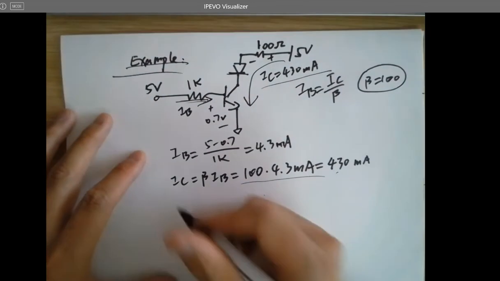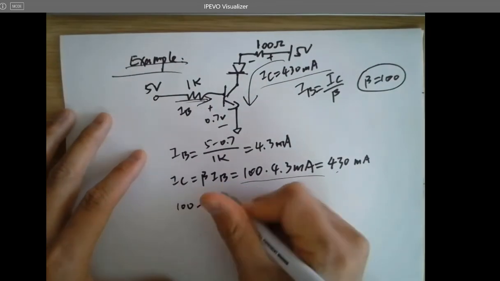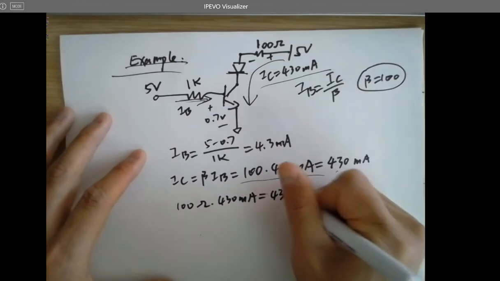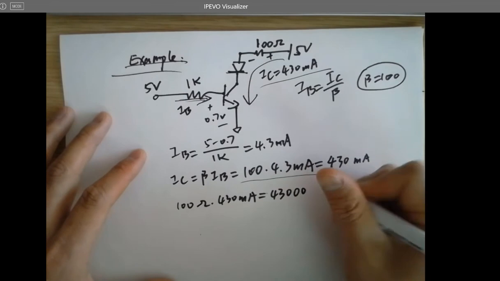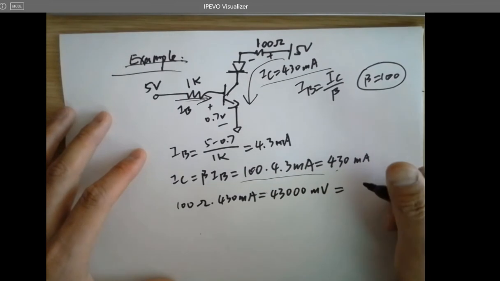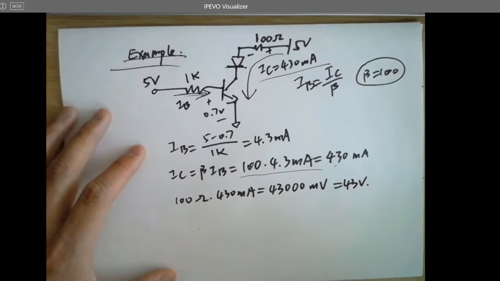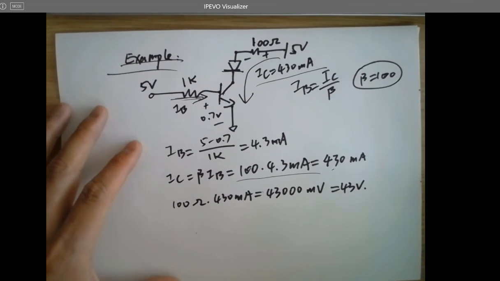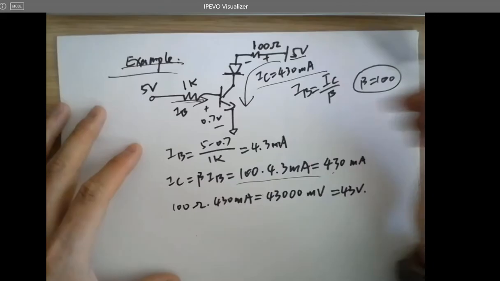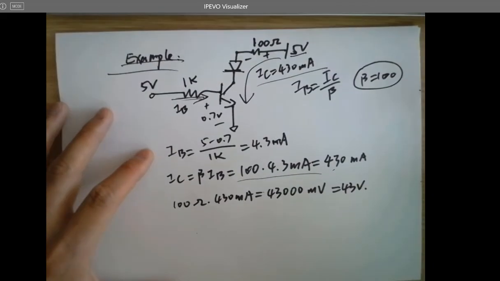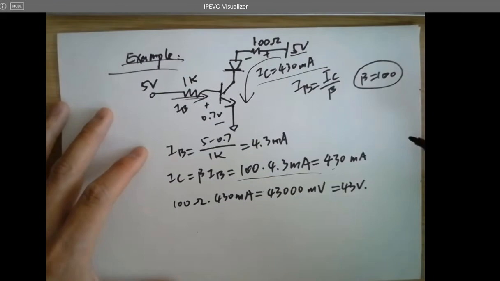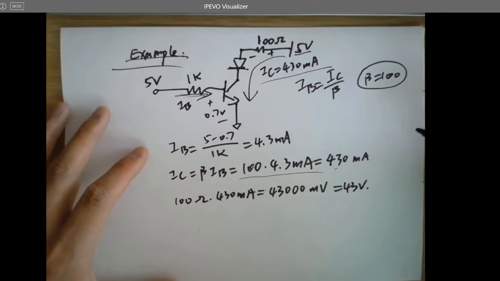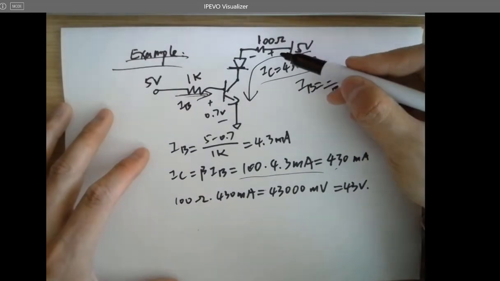What's the voltage drop? 43,000 millivolts, which is 43 volts. Is that possible? It's not possible. You only have 5 volts here. Right, so it's not being operated in active mode. You assume it's being operated in active mode, but it turns out it's not possible.